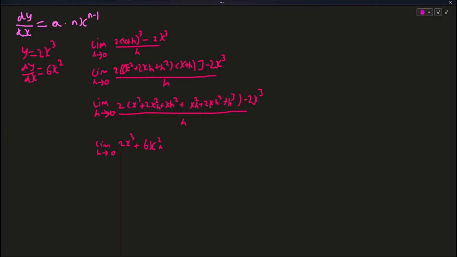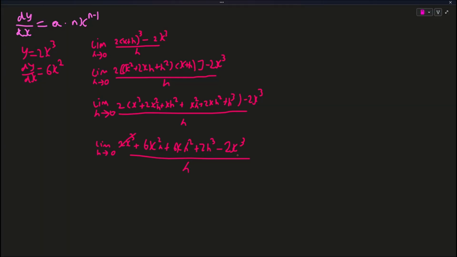And we have 2xh squared, so that's 3xh squared, 6xh squared, plus 2h cubed, minus 2x cubed, all over h. Now I'm going to simplify.